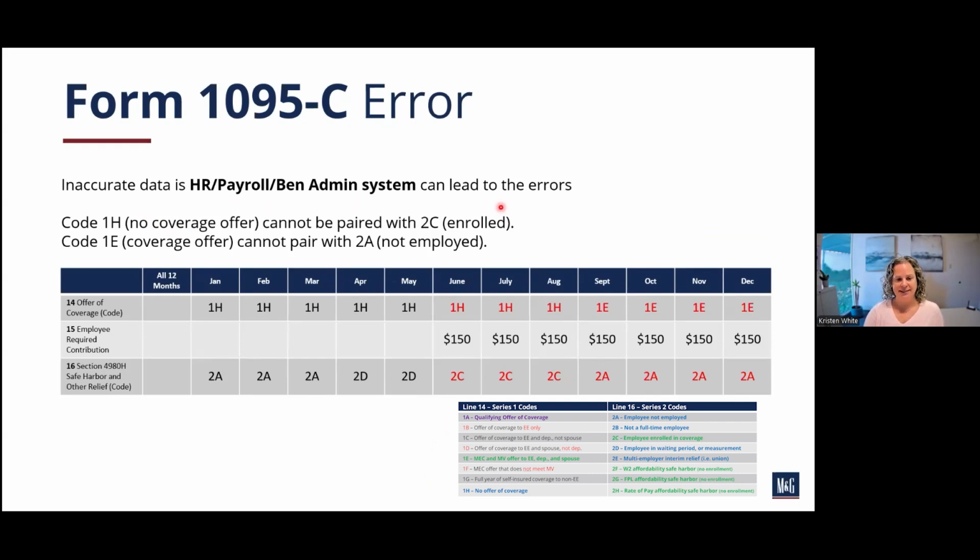That doesn't make sense together. And then for those last 4 months, it's saying you offered coverage, but then you're telling them they're not employed. Those don't make sense together. So I referenced you to go back to those couple of slides. I said there were cheat sheets. You'd look at what code combinations make sense.